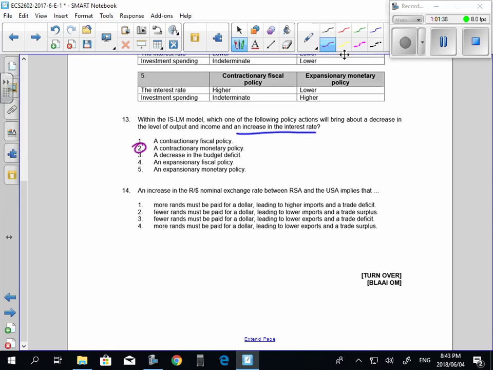An increase in the rand-dollar exchange rate between South Africa and the US implies that fewer rands must be paid for the dollar, leading to lower exports and a trade deficit.